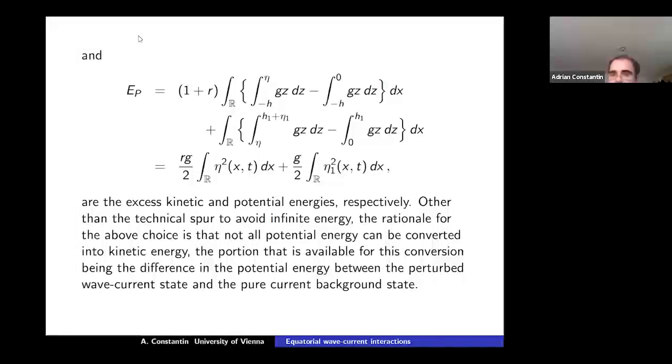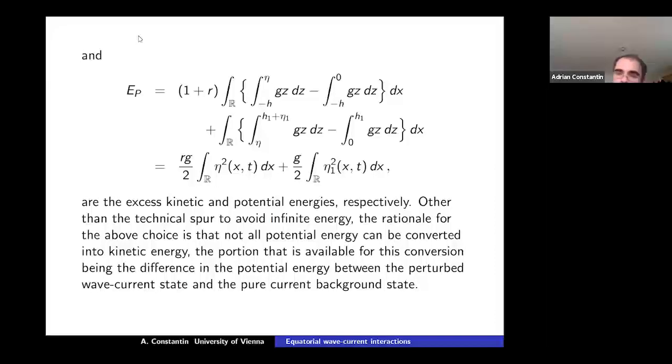And the motivation for this is, first of all, you want to avoid infinite energy, and secondly, the motion takes place because all the time kinetic energy is transformed into potential, but not all the kinetic energy is transformed into potential because these currents remain basically unchanged.